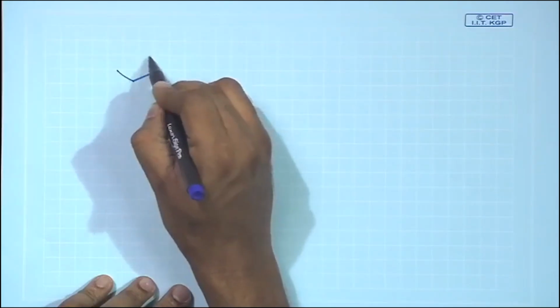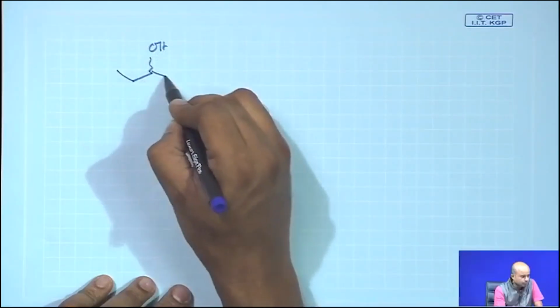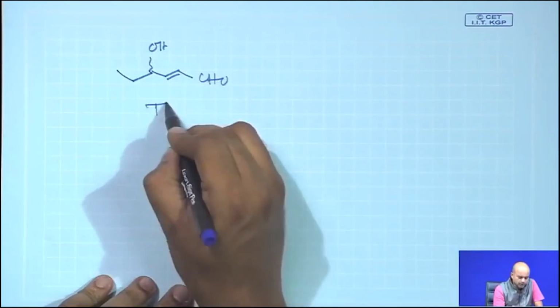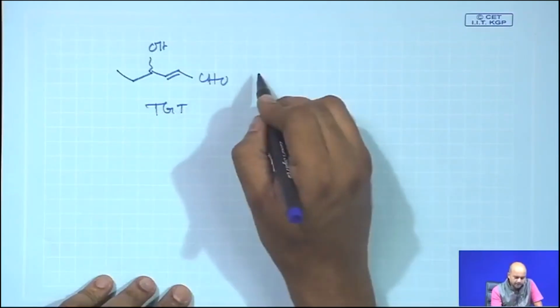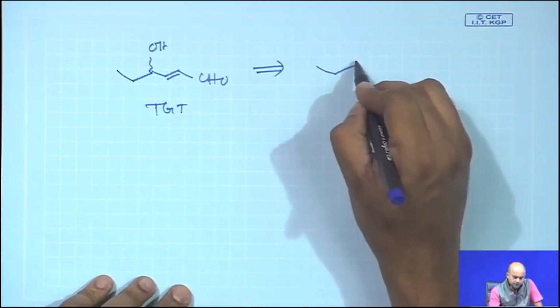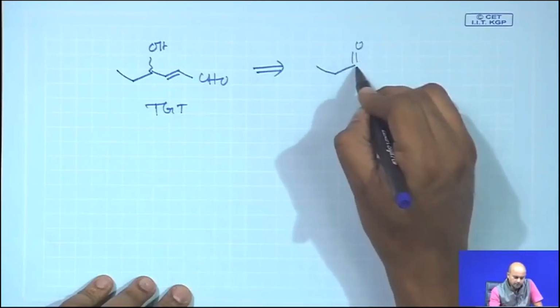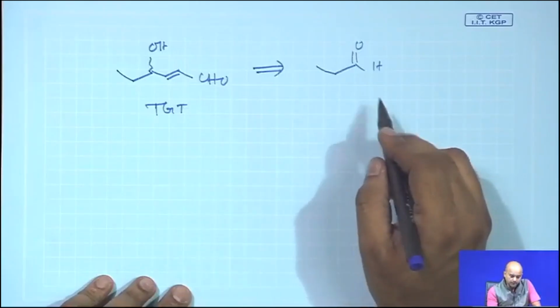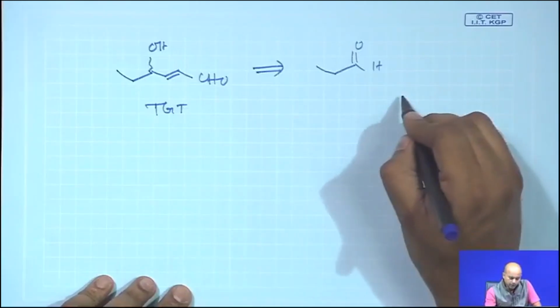Now, here I will give a target molecule. I am giving you a target molecule which is an alpha beta unsaturated aldehyde. The starting material which was given to you is a simple propanal. So, in terms of synthetic equivalents, if you have to do the disconnection, what do you basically need?